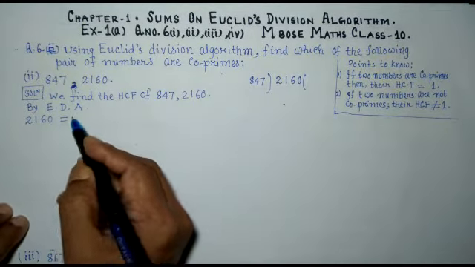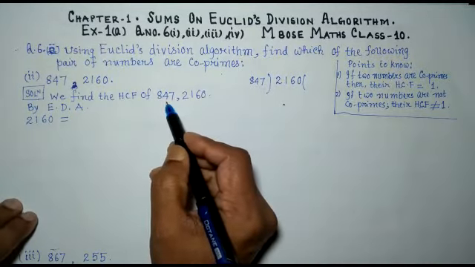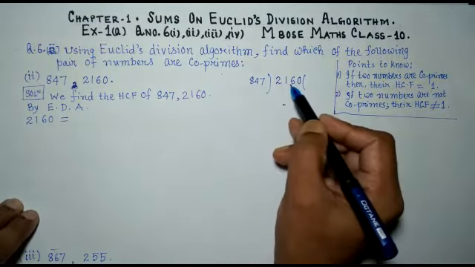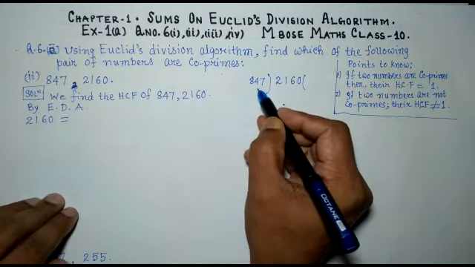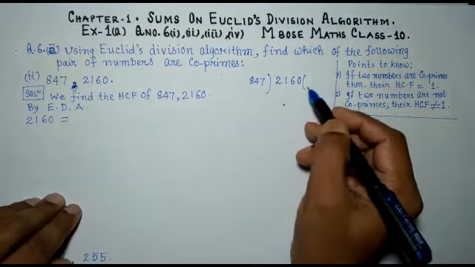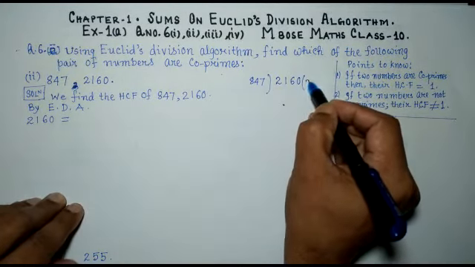As we see, 2160 is the bigger number and 847 is the smaller. So we divide the bigger number 2160 by the smaller number 847. See how many times it will go. This is 2160. I think we can give 2 times.